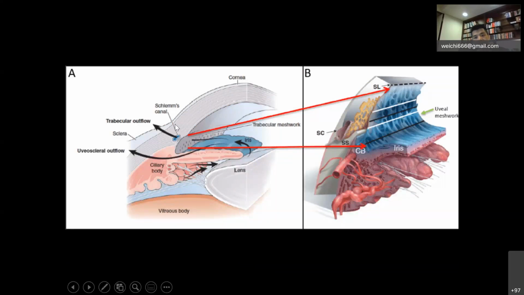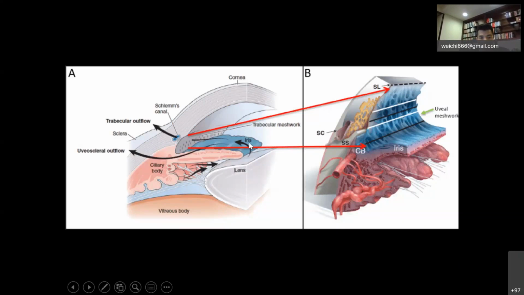Then this is a greater detail looking at the drainage system of the eyes. So you could see that our ocular tissue actually need to be nourished by the nutrient of aqueous.